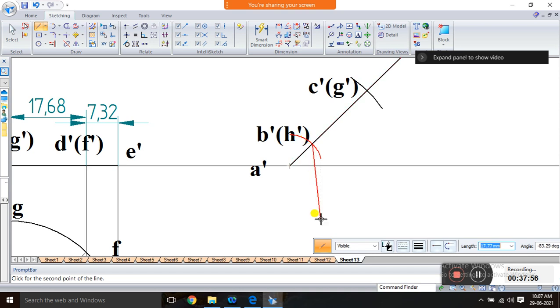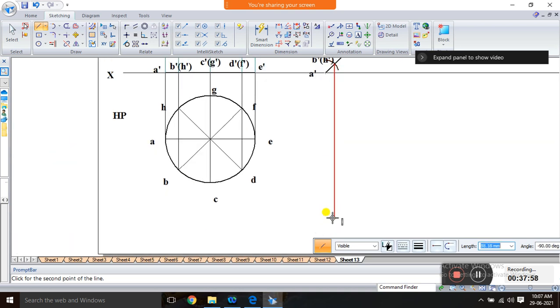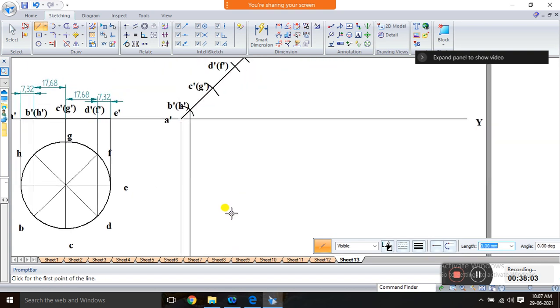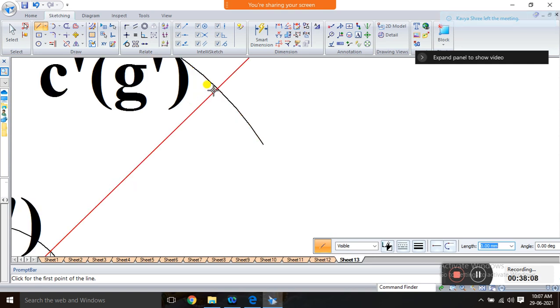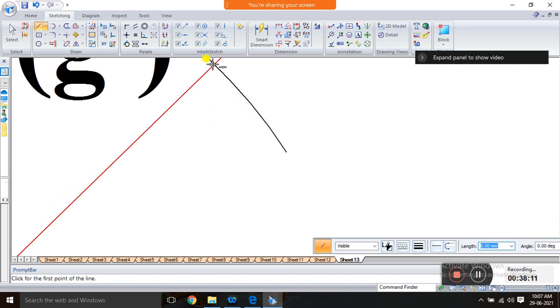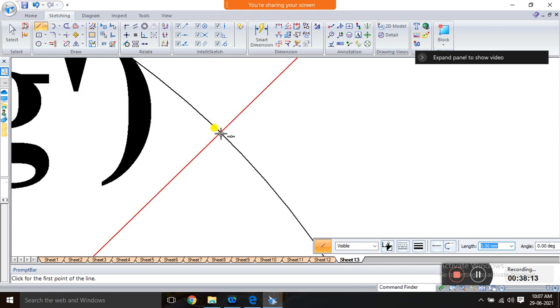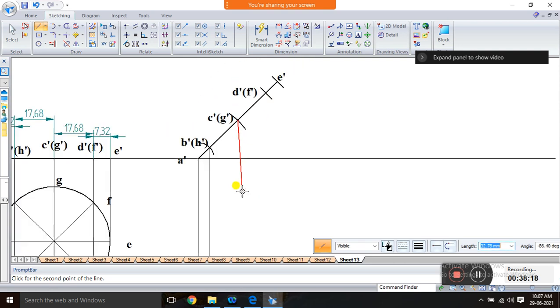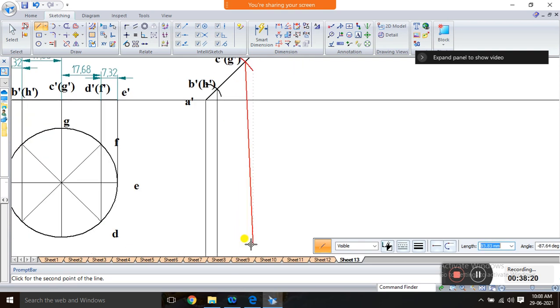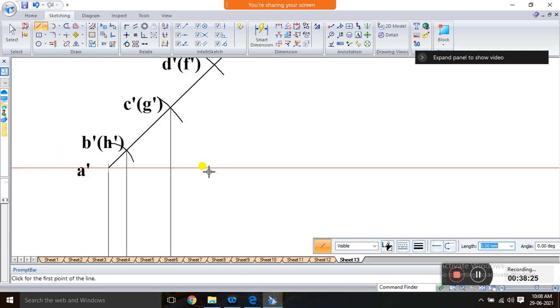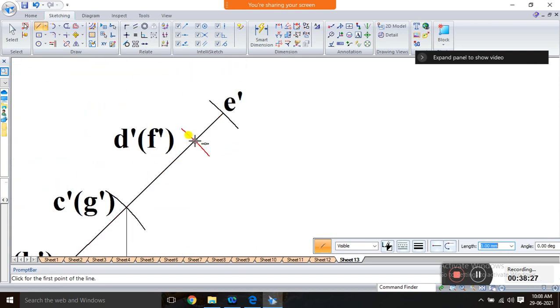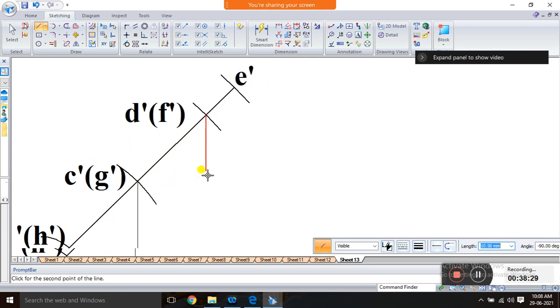So like this, the intersection points you have to project. First with the help of scale you have to project all the points. Exactly on the intersection only you have to draw a vertical line, because for accuracy, if it is not exactly on the intersection you may get some variations in the distances or variation in the angle.